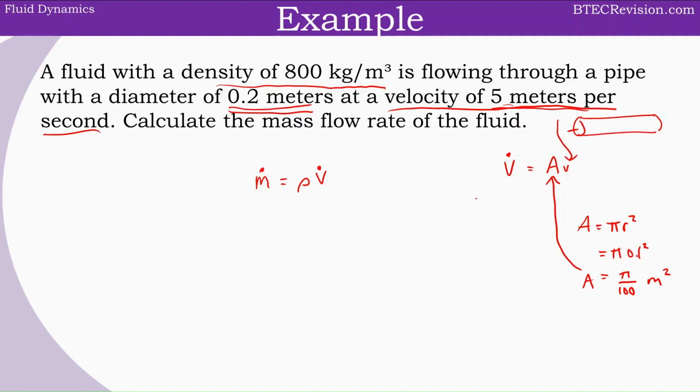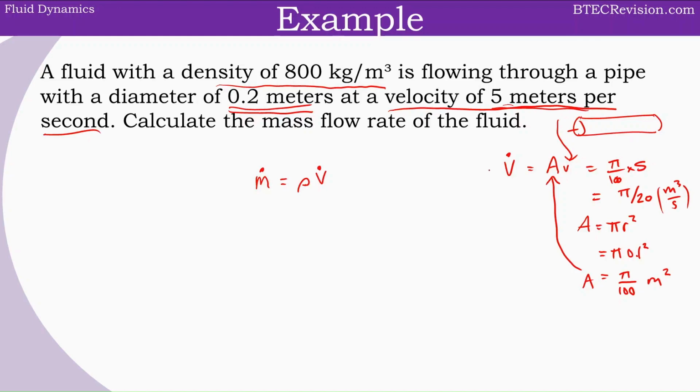So that's pi over 100 times 5, and that simplifies to pi over 20. And the unit would be volumetric flow rate, which is meters cubed divided by seconds.